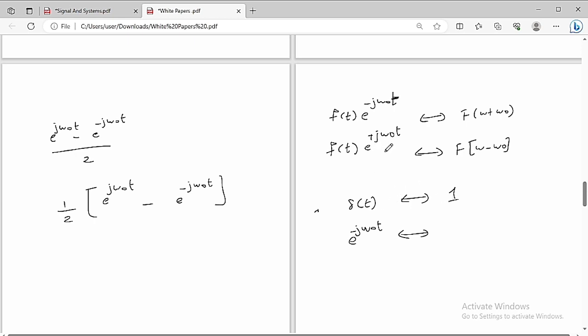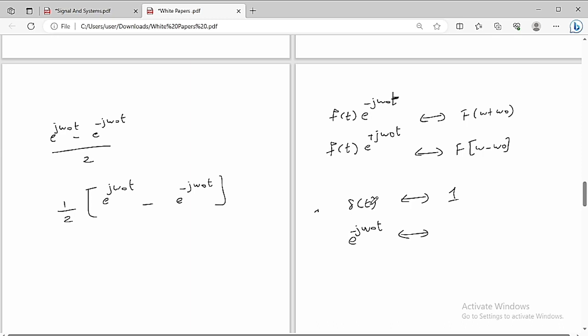So for e to the power of minus j omega naught t and e to the power of plus j omega naught t, what will the Fourier transform be? These formulas you have to keep in your mind. For delta of t, the Fourier transform is nothing but 1.